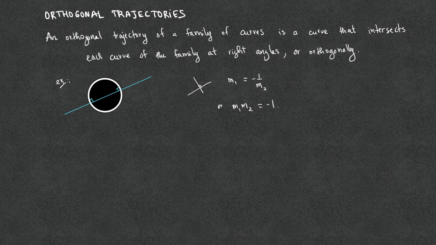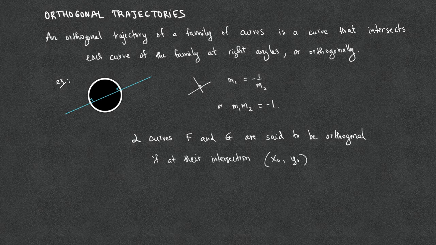And so if we have two curves, f and g, the two curves are said to be orthogonal if at their intersection x0, y0, any arbitrary intersection that is, the derivative of f at x0, y0 is the negative reciprocal of the derivative of g at x0, y0.